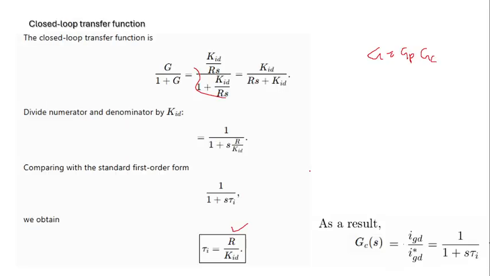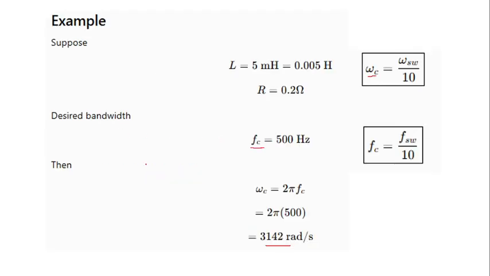Actually, if you take the time constant, we can model this in the time constant form. If you consider this time constant as one value, then you can model it in the time constant form. Or if you take a bandwidth in terms of switching frequency, we can model it in bandwidth form. Usually we prefer to go with this bandwidth form. The switching frequency is known.